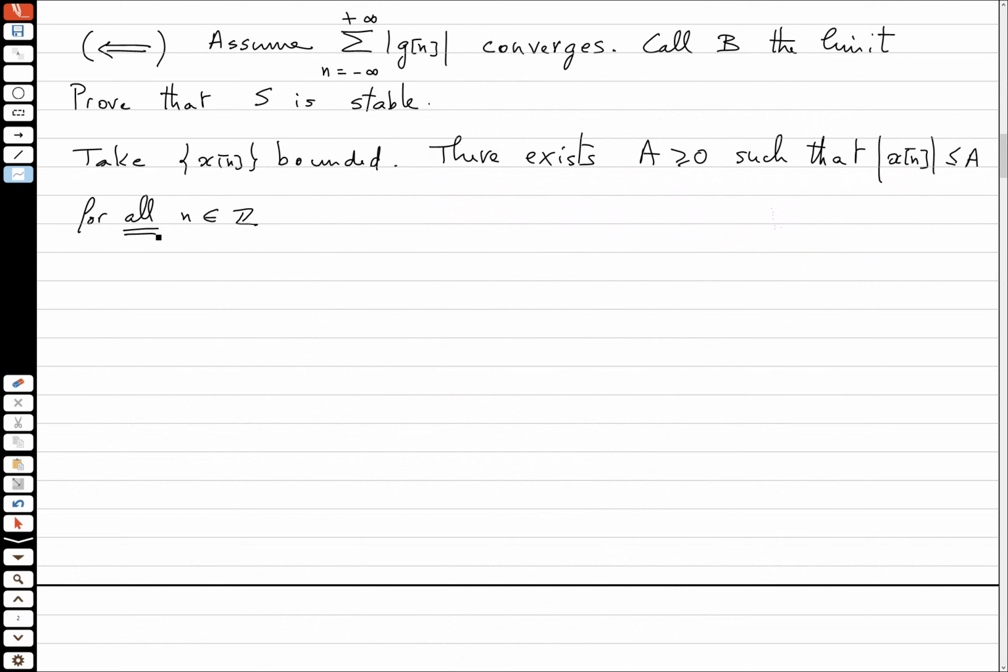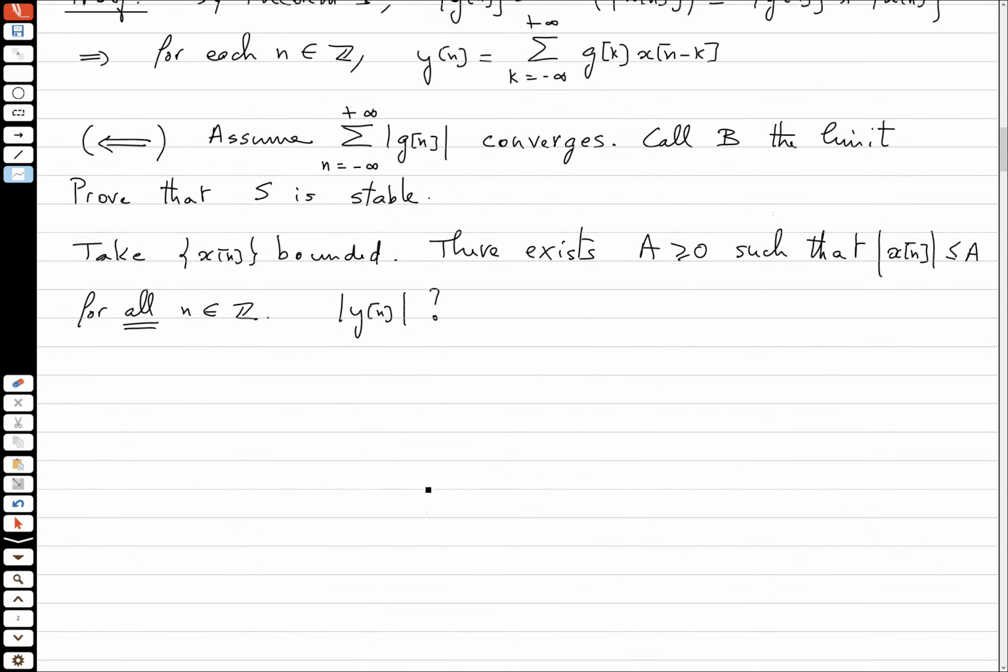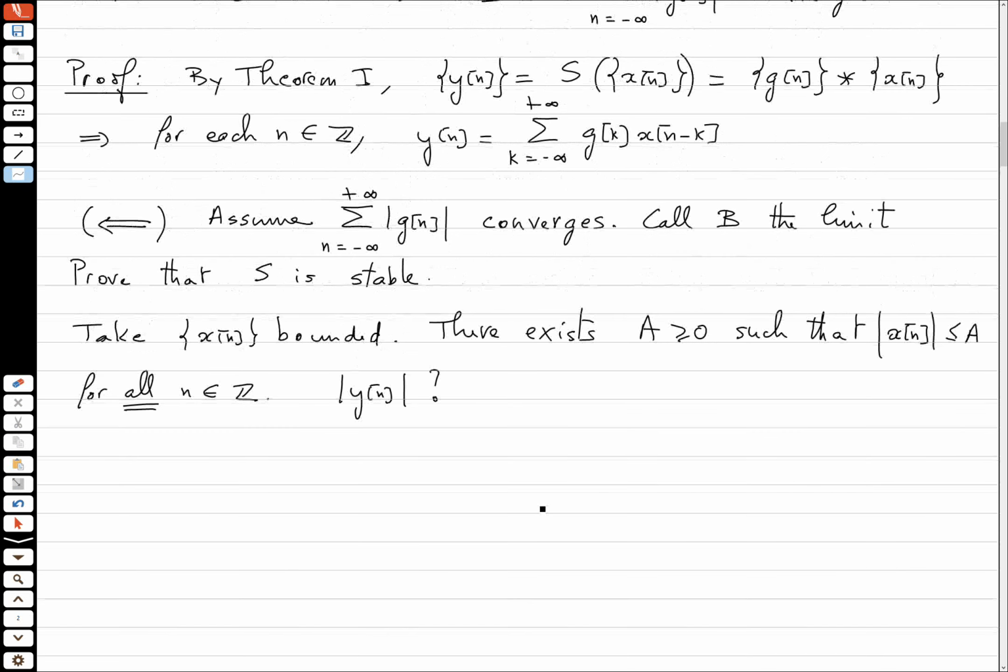All right. Now we are going to evaluate y of n and see if it's bounded. Now y of n is equal to this. Therefore, its absolute value is the absolute value of this.